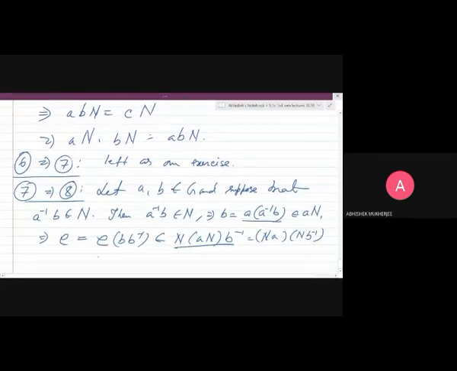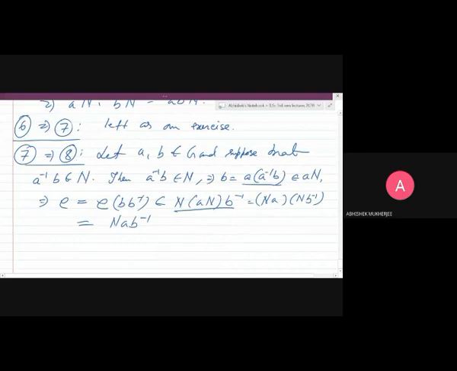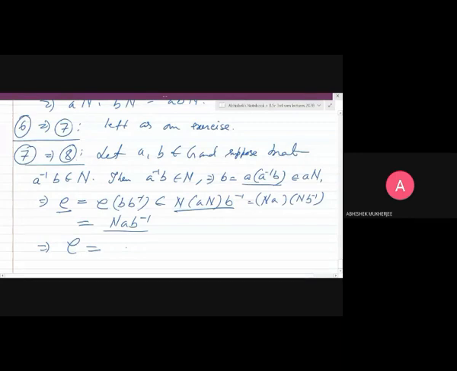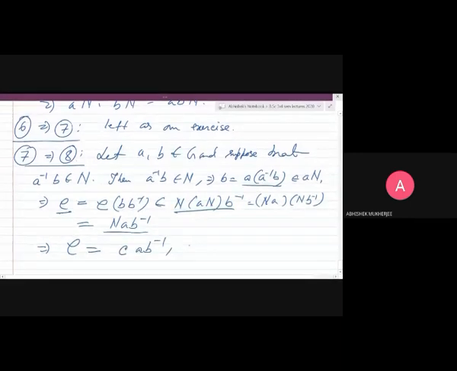Now by 7, you can write it as N AB inverse. So this identity can be represented as an element of N AB inverse. That means E is actually some C AB inverse where C belongs to N.